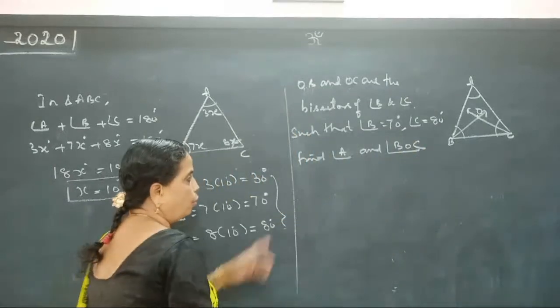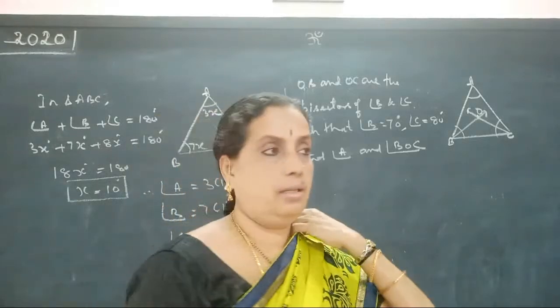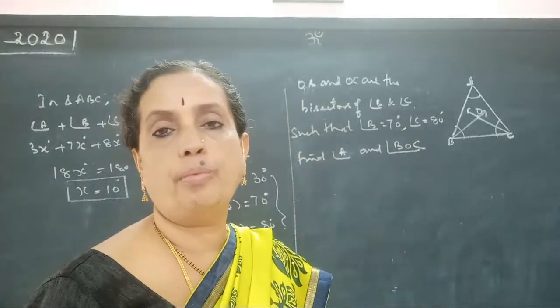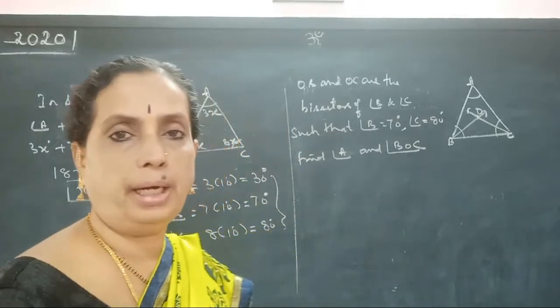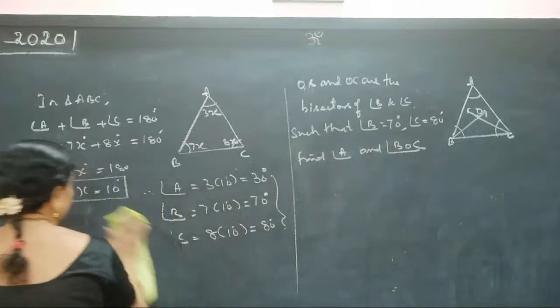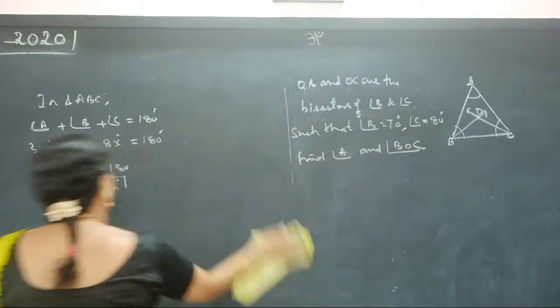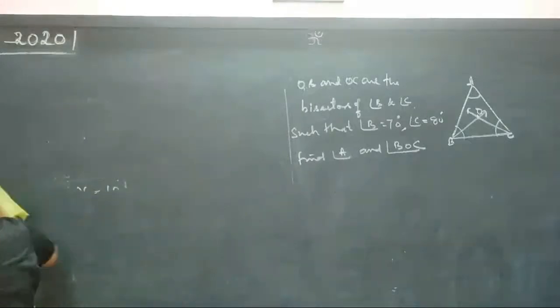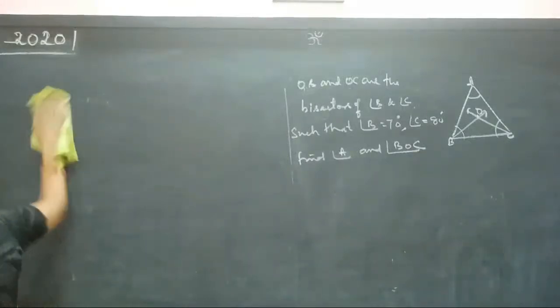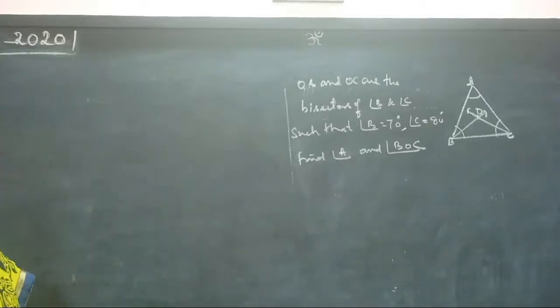Later I will show you the relation of this. Okay. Now let us calculate the unknown measure with the known measurement. Get the figure. I have written the question on the board.